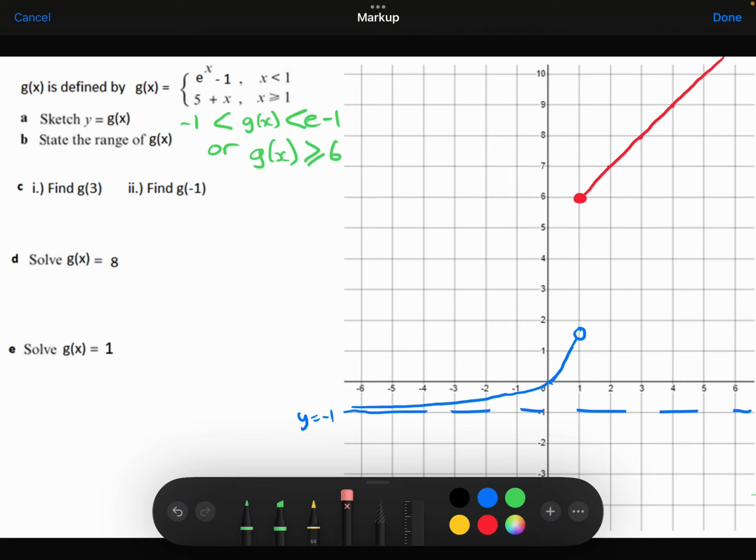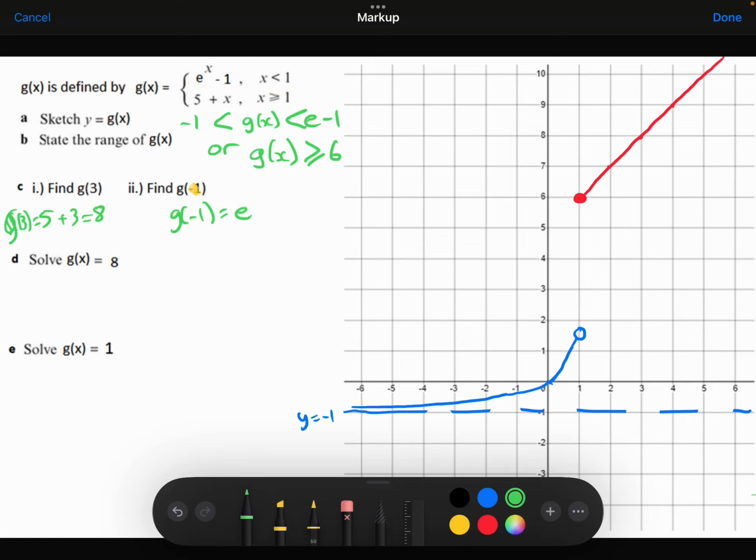Part C finds g of 3. So when x is 3, I'm going to be using the linear graph. So we'll have 5 plus x, so 5 plus 3 is 8. So g of 3 is 8. g of minus 1, when x is minus 1, that's less than 1, so we're going to be using the exponential graph.